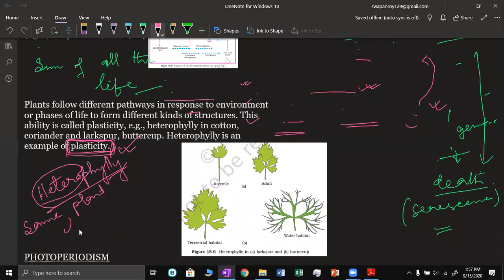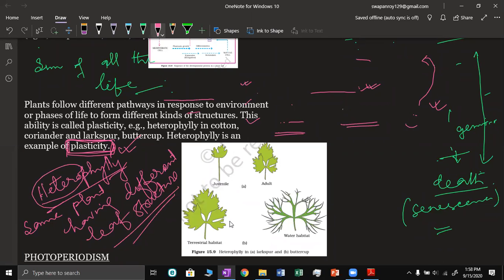plant having different leaf structure. Okay, this thing is very common in plants. Initially, at the initial stage when the plant just germinates, it has one type of leaf, but when it is mature it has another type of leaf.